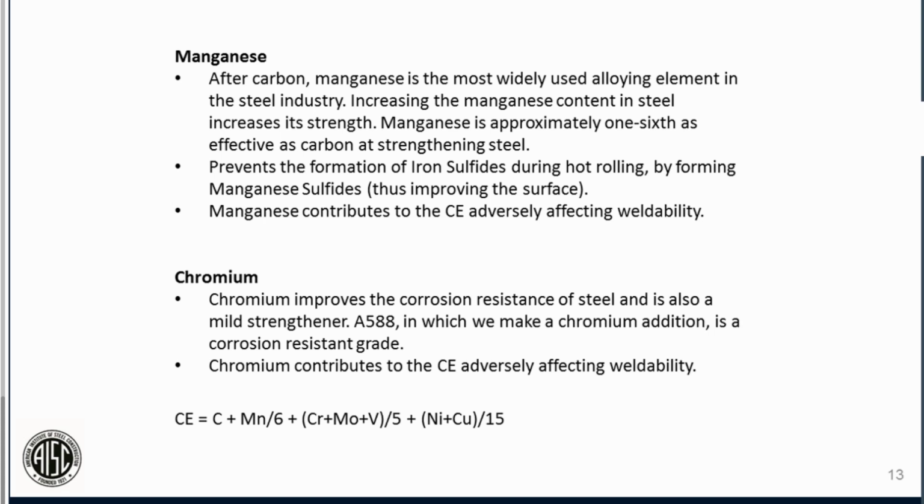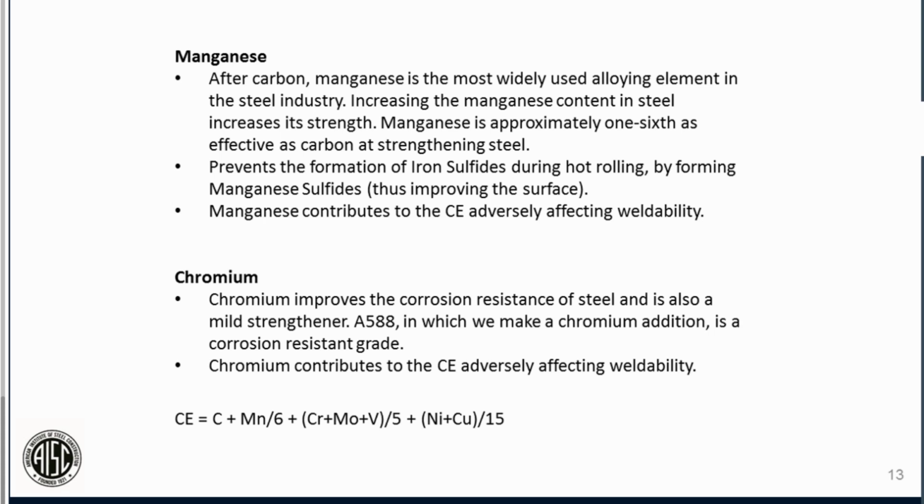So we look at those alloying elements and try to balance strength and weldability and ductility and all that. Of course, heat-affected zone cracking is also affected by the cooling rate of the steel, the preheat, and the filler metal. But for us, primarily, our portion is controlling it by the chemistry of the steel.